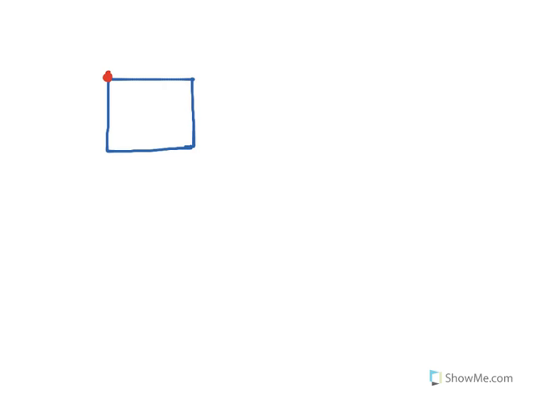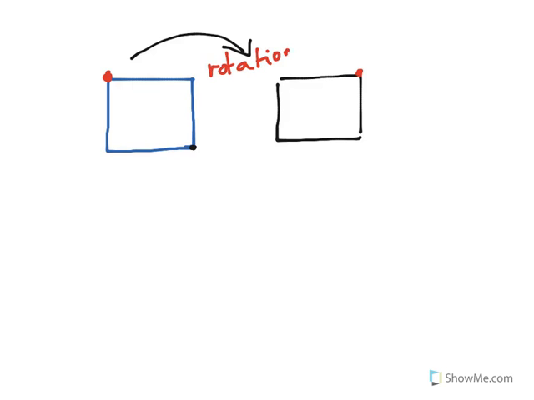Rotational symmetry means that if I was to keep the square here at this fixed point and then just flip it over, it would still be a square, but where would the red dot be? The red dot would be now over in this corner. So this is what we call a rotation of 90 degrees.